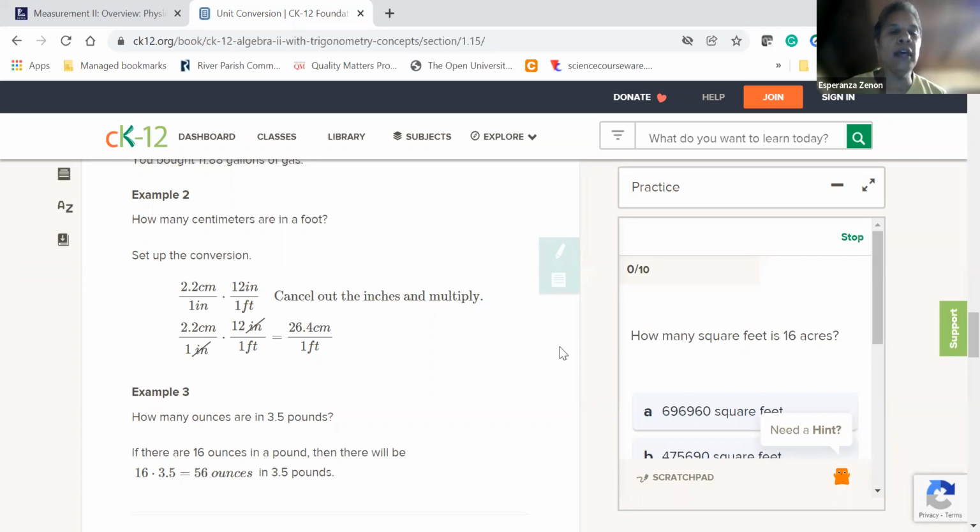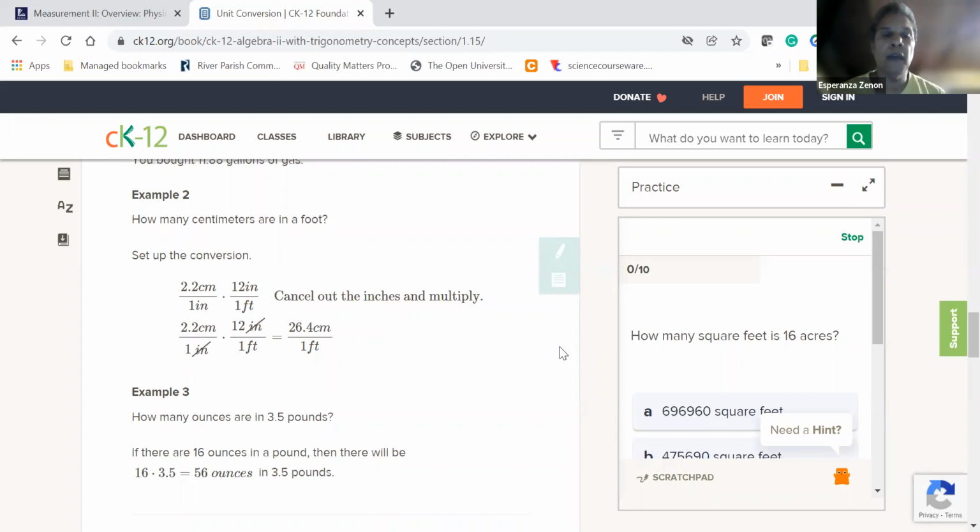Why did they do that? They multiplied by 12 inches in a foot because they wanted to cancel out the inches, right? Because the question is centimeters per foot, not inches per foot. They need to get rid of the inches. Remember, in this particular example, they don't have a conversion that goes directly from centimeters to feet, but in the conversion chart that's provided above, they do have a conversion factor 2.2 centimeters per inch.